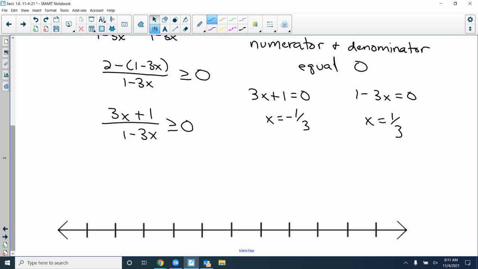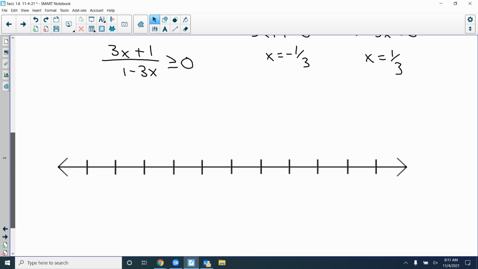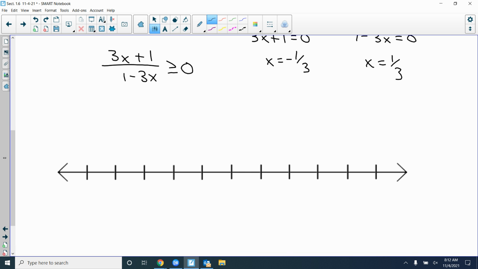Now I'm going to do the same idea. Those are my critical points. On my graph, I'm just going to make this 0, and it really doesn't matter where you put 1/3 and negative 1/3. I wouldn't go by ones and try to scrunch it all in there. Just spread it out. It makes no difference. So I've got 1/3 and negative 1/3, and I have to pick test points.